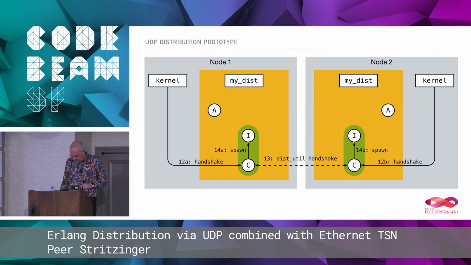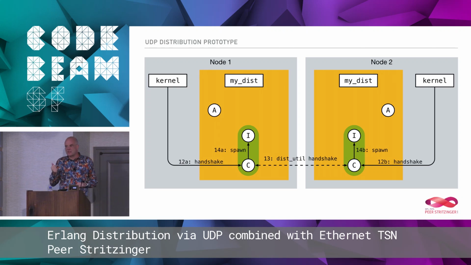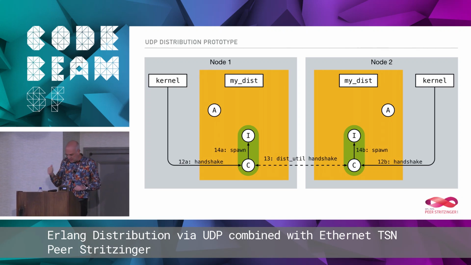Then the next step, the opposite kernel tells it back, yeah, handshake, which goes to the controller process, which signals we need an input and output process now. So it spawns an input process and makes itself the output process, and sends the handshake to the other end, which sends it back to the kernel saying we got the handshake.